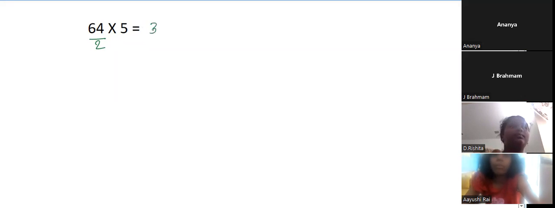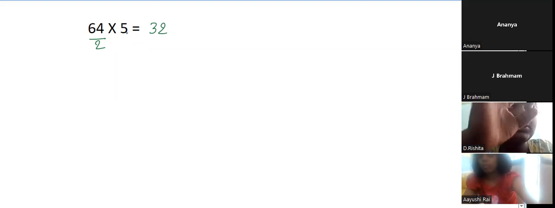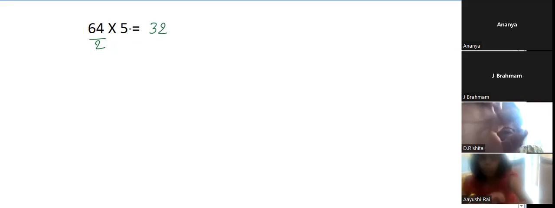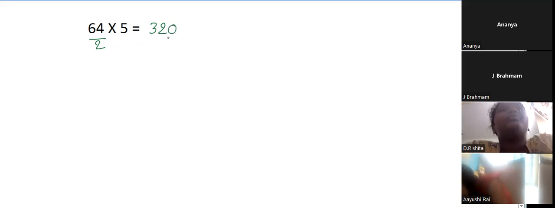Yes, 32. What is the remainder? 0. If the remainder is 0, last digit will be? 0. So the answer will be 320. Correct.